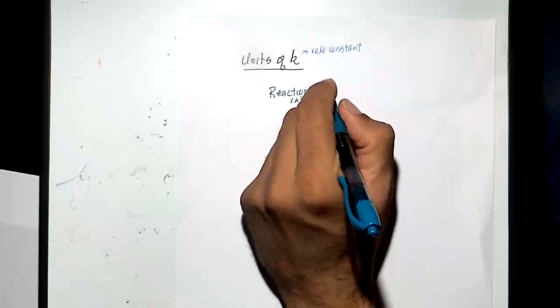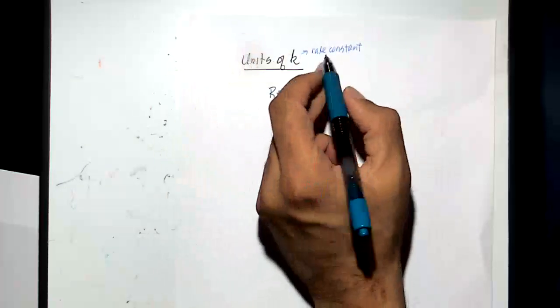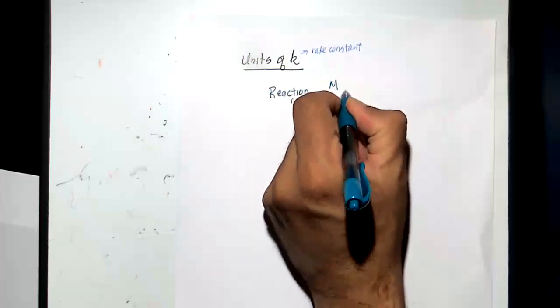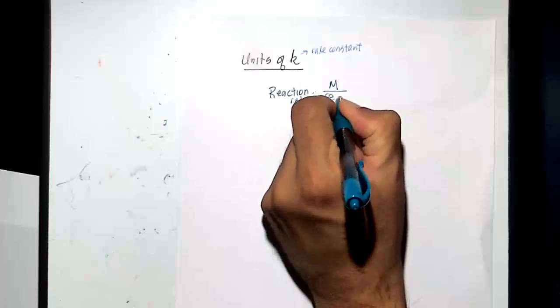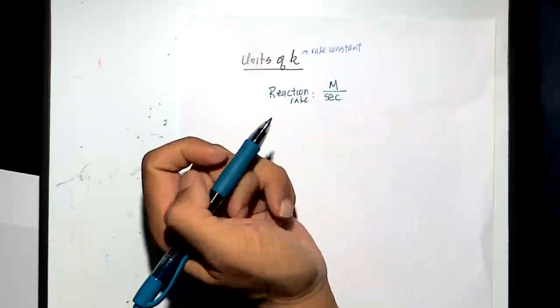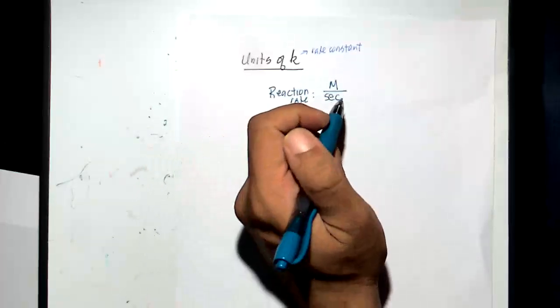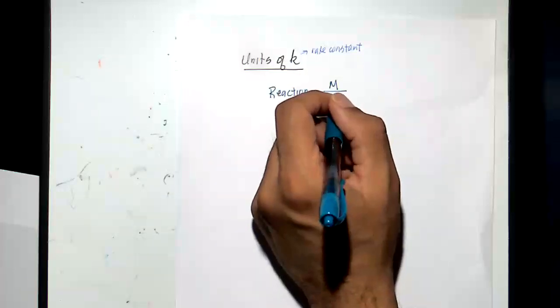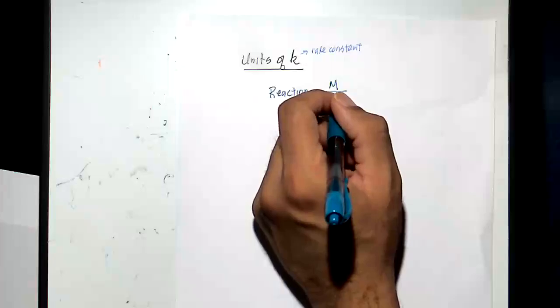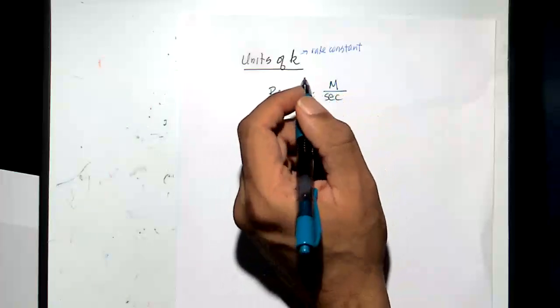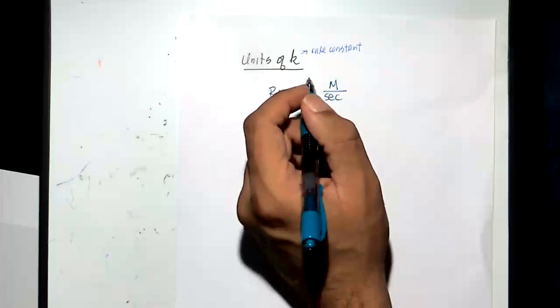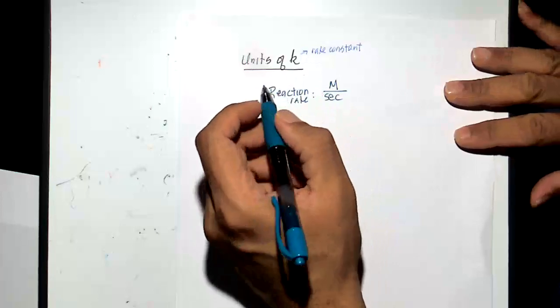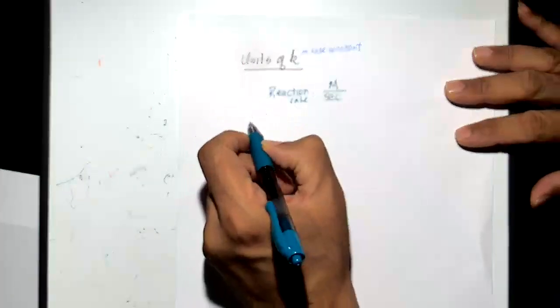We're talking about how fast a reaction is going to proceed. Usually it's going to be some concentration over time. The concentration units in chemistry are molar, and the SI unit for time is seconds. So this is how fast a reaction is going to proceed. This has nothing to do with the rate constant.